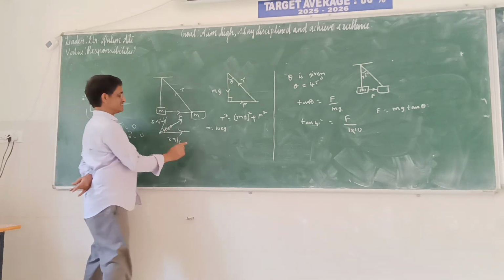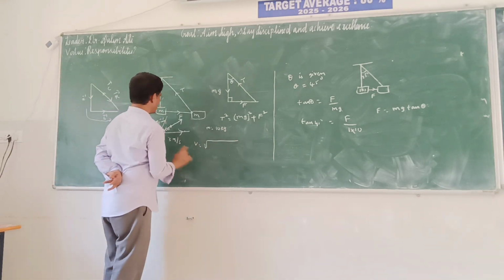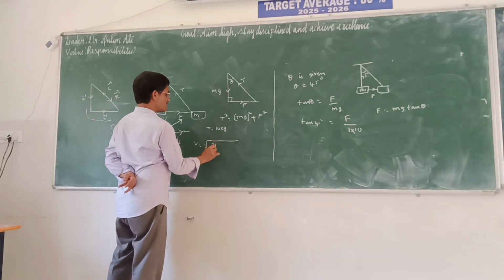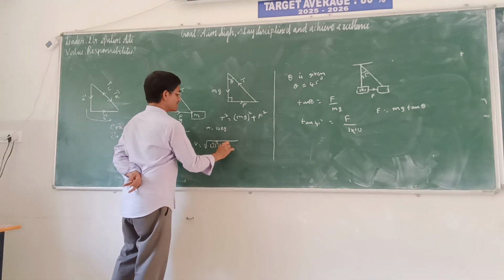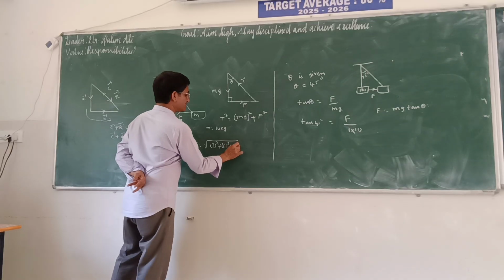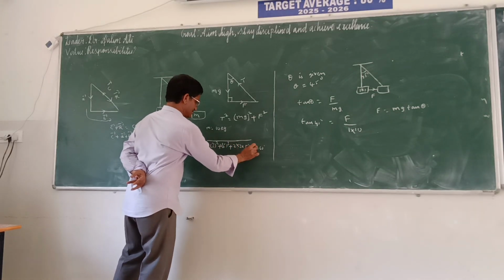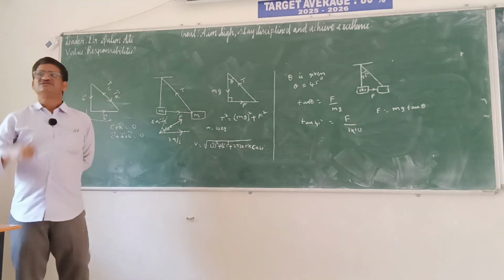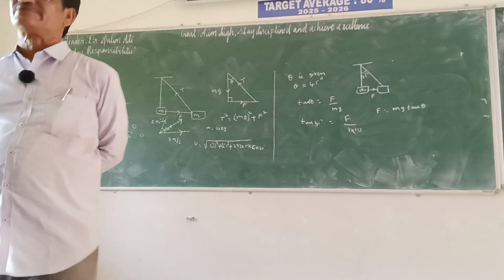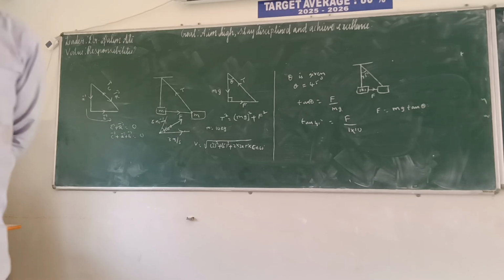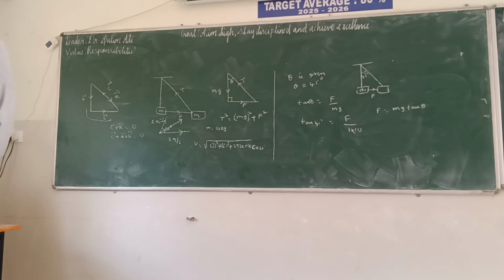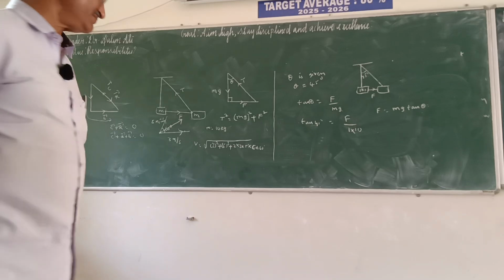If you want the resultant velocity, it is square root of 3 square plus 5 square plus 2 into 3 into 5 into cos 60. From that you calculate force, F is equal to ma. It depends on the question, they will give all the data. From that data you can find F equal to ma, and from that a is equal to F by m. Okay? Please sit down.